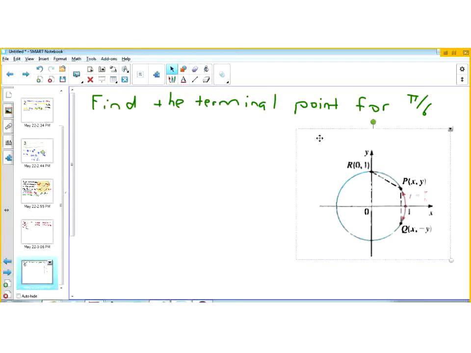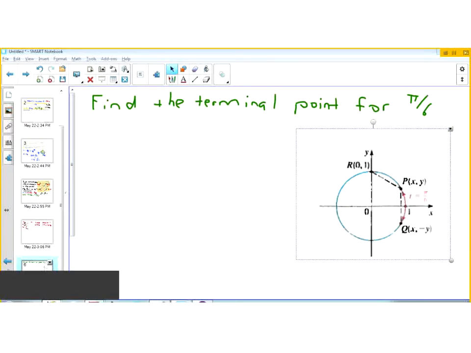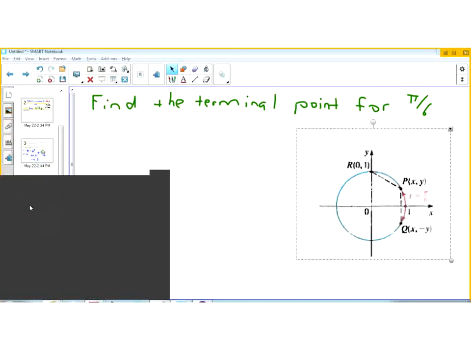Okay, so P is the terminal point for the terminal number pi over 6, and that's shown in this illustration. And so we want to calculate the coordinates of P. That's the objective of the problem. It's a little bit complicated, surprisingly enough. So we'll walk through the steps here. Let me grab the procedure.